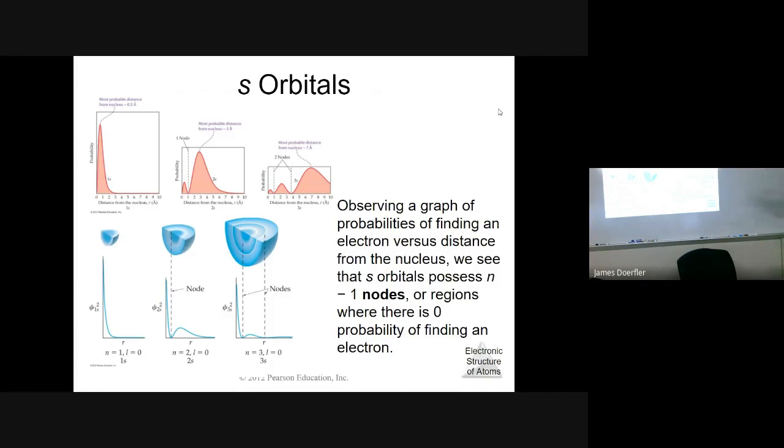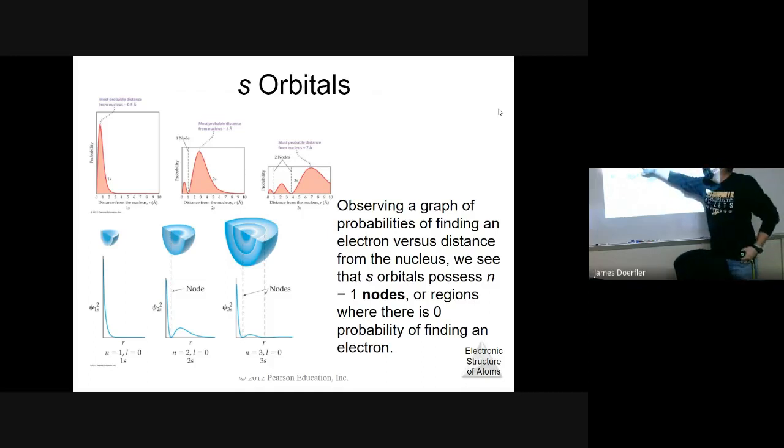Now, as we go 1s, 2s, 3s, we look at these graphs of probabilities of electron versus distance from the nucleus. We start to see these things called nodes in the s orbital. They say n minus 1 nodes, or regions where there's 0 probability of finding an electron.